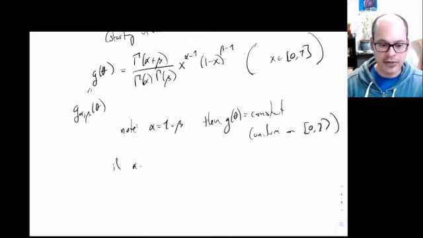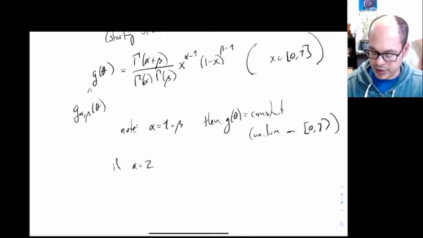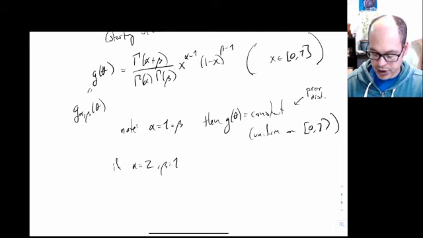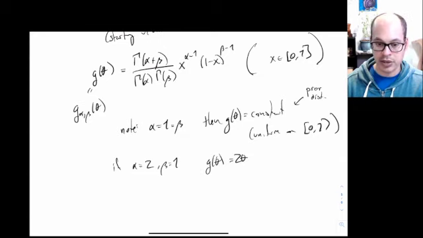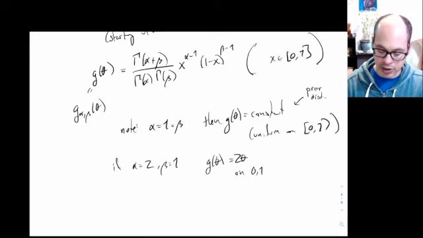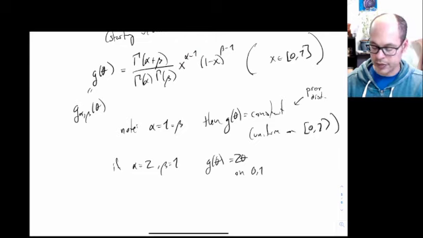If alpha is equal to 1, this is, for example, our prior distribution. If alpha is equal to 2 and beta is equal to 1, you get that g of theta is 2 theta on 0, 1. Right. So 2 minus 1 is 1, so this is theta to the 1, and 1 minus theta to the 0. And so we get this familiar friend.